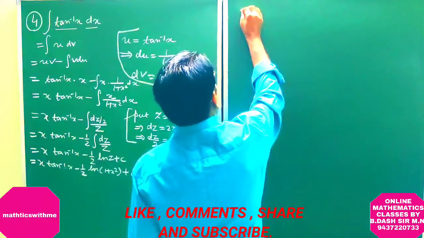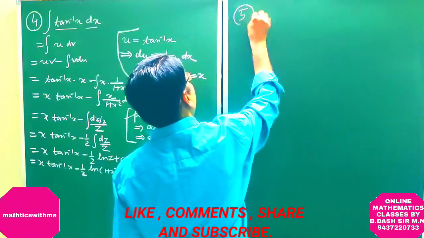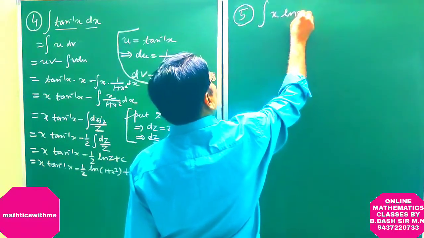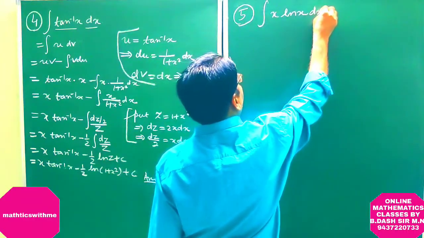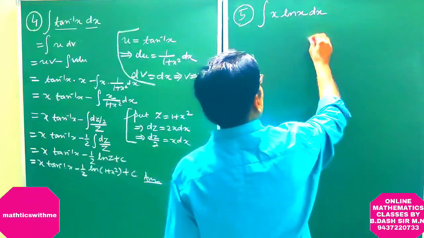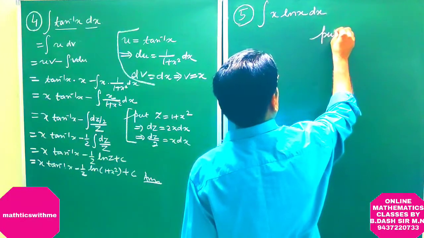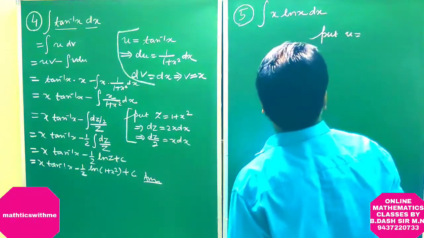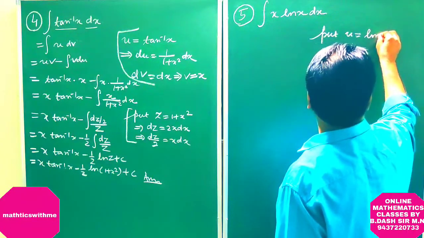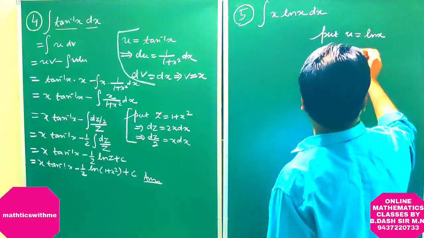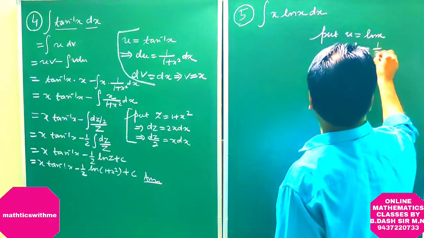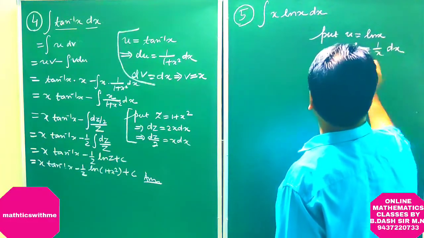Now, question number 5. Evaluate the integral of x ln x dx. So put u equal to ln x. This gives us du equal to 1 by x dx.